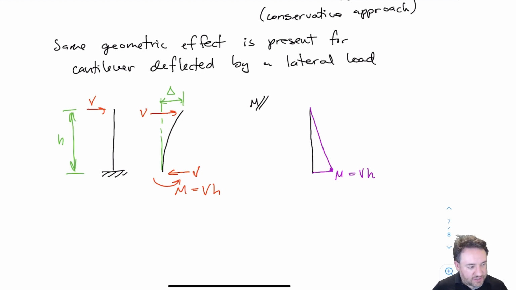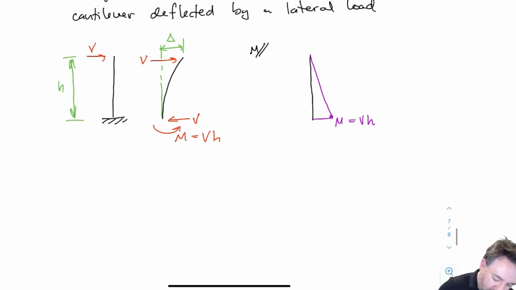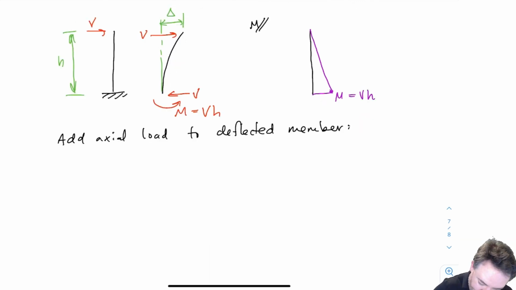Okay, so now let's say, so this is just like in the beginning where I started with a moment in the previous case. Okay, so I started with a moment here caused by the lateral load V, and now let's say I start with that same condition, I start with that deflected shape, and I add an axial load. Okay, so now I'm saying forget about the load that caused this deflection for now.